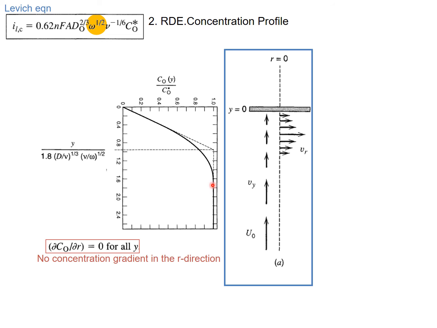However, within a specific distance from the electrode, the concentration goes down, and then finally goes to 0 on the surface of the electrode, which is the limiting current condition.